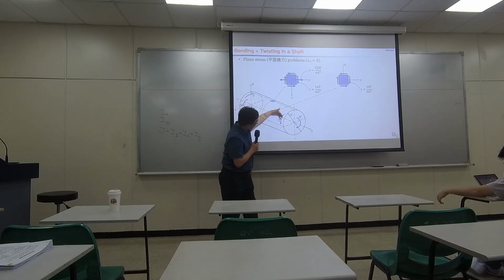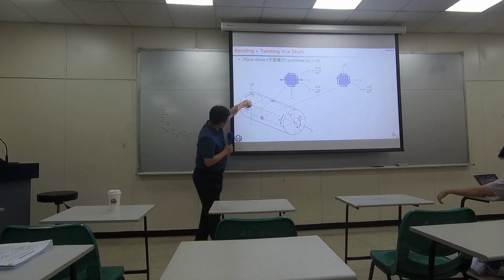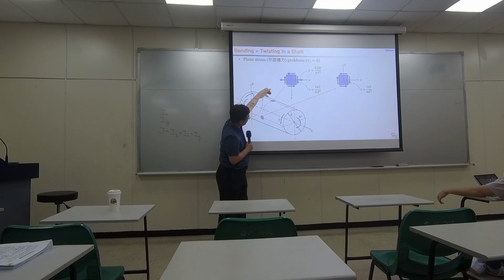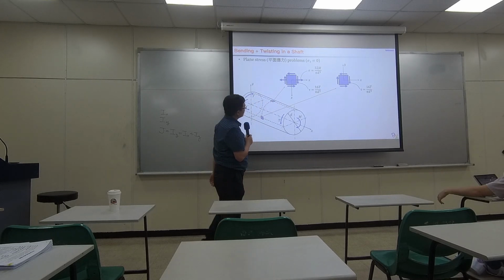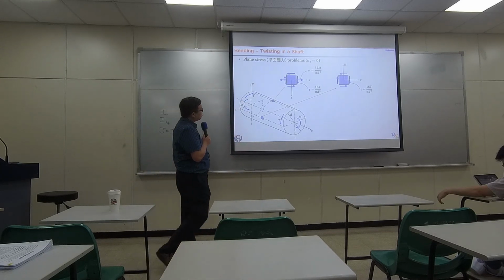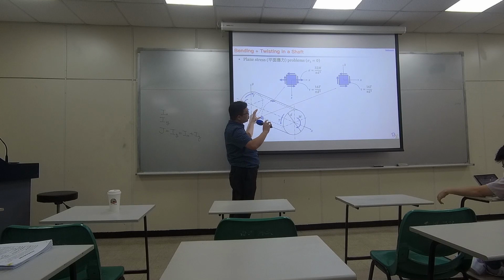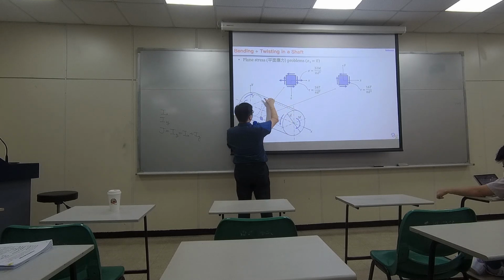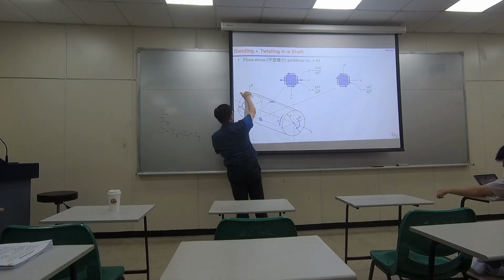So here is our x, and going this way is our z. We are observing from top to down, so this is how we observe. That's why z is going downward. Okay? Now, due to bending, there is a pulling force going right and a pulling force going left.